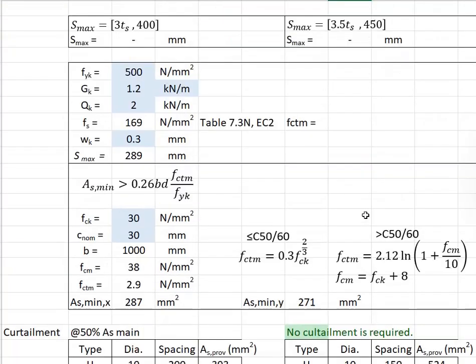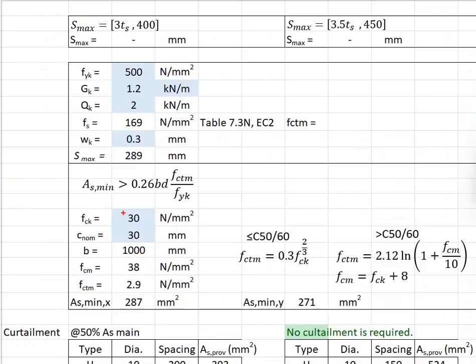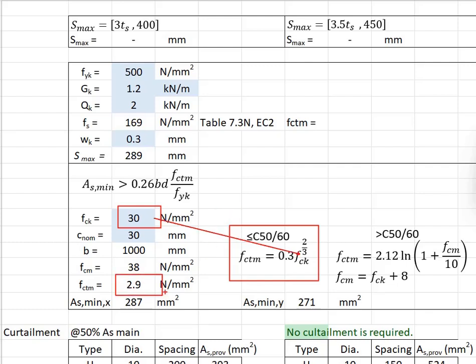And then you can get the fctm either by referring to Eurocode 2, table 3.1, or adopt the formula. The concrete grade is 30, therefore you use this formula. Substitute the value into the formula, you get the fctm equals to 2.9 Newton per mm square.